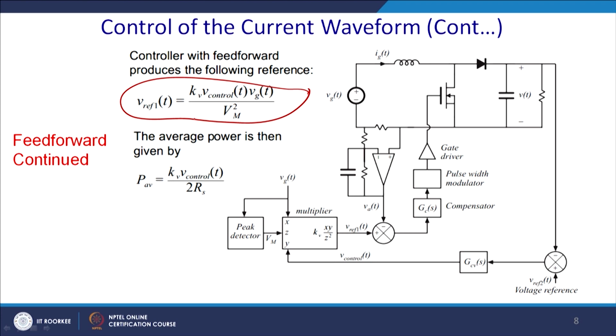VRF1 equal to KV control into VGT by Vm square. So, this is the feed forward control block, and the average power is then given by KV into V control by 2 into RS, where RS is the effective value of the scaling resistor. In this way this is used for control.